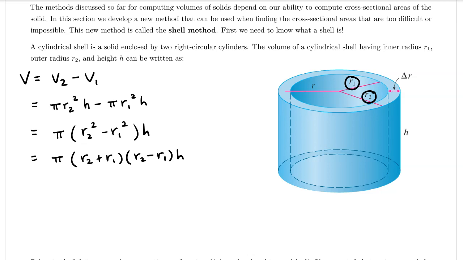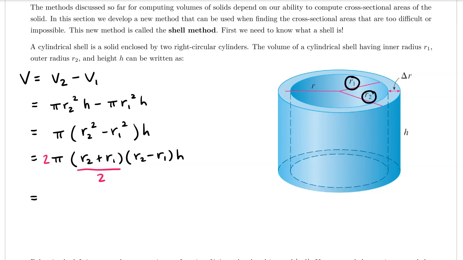Now, from here, I'm going to multiply this expression by 2 and also divide by 2. And why are we doing that? Well, now that I have this fraction, r2 plus r1 divided by 2, that represents the average between those two radii.